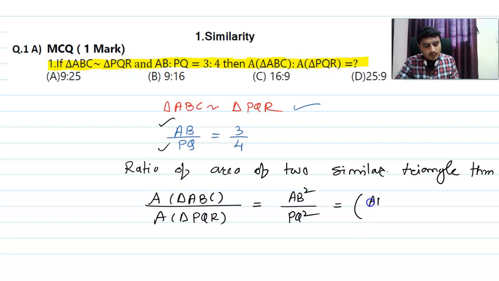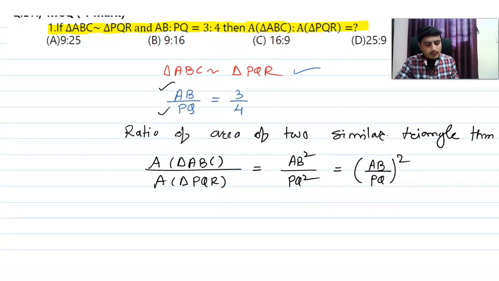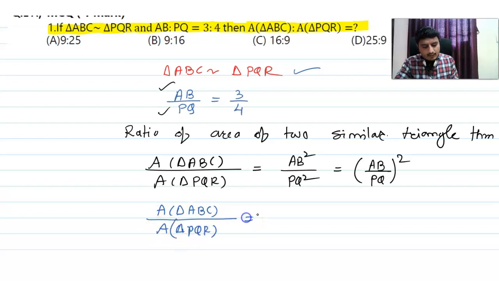Once we take the square of numerator and denominator common, we get AB divided by PQ the whole square. That means once we replace AB by PQ by their value 3/4, we get area of triangle ABC divided by area of second triangle PQR is equal to 3/4 the whole square. Once we separate the square of numerator and denominator, we get 3 square divided by 4 square. 3 square is 9, 4 square is 16.